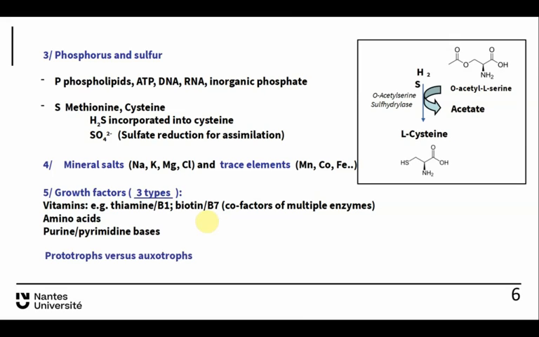They are called prototrophs. Bacteria that require one or more growth factors are auxotrophs for something. So if the bacterium requires thiamine and can't produce it, then it will be auxotroph for thiamine. And then you need to add this to the culture medium, otherwise they won't be able to grow.